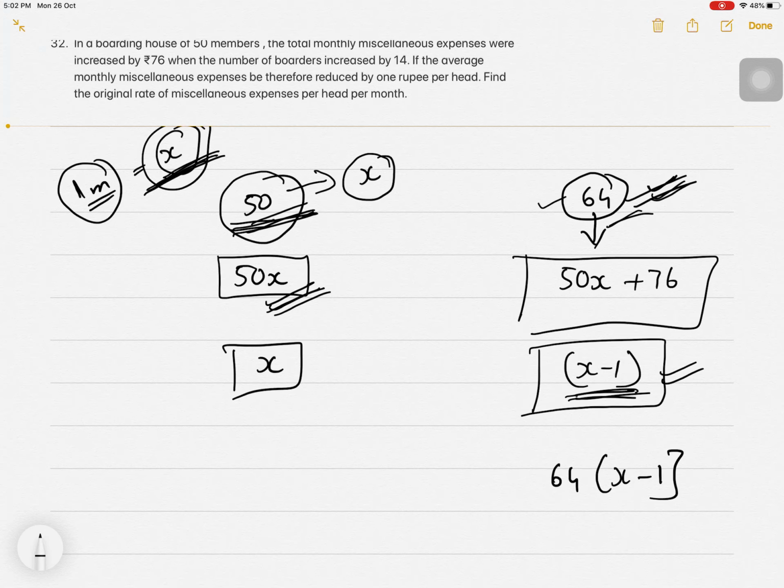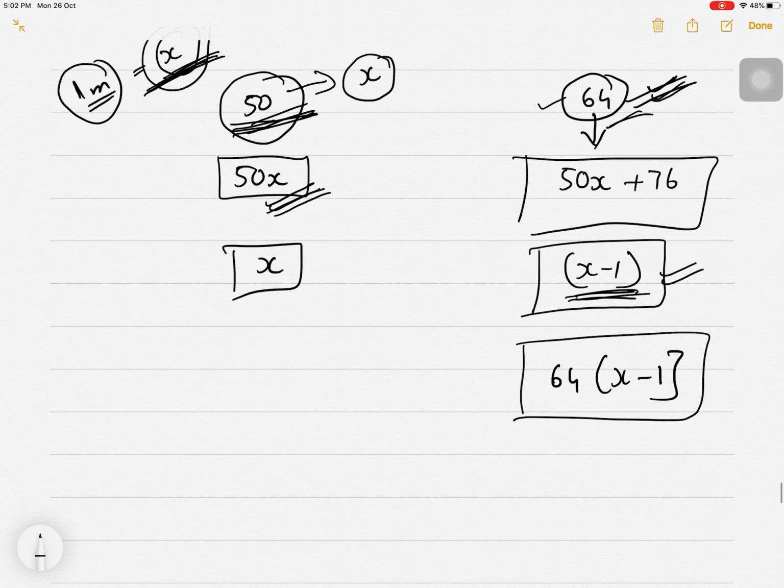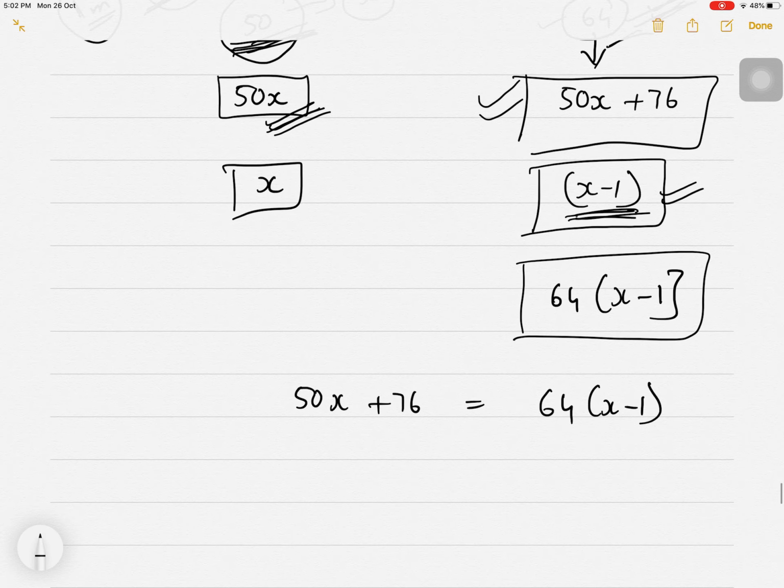That means for 64 members, total expense will be 64 into X minus 1. And they have said total expenses are 50x plus 76 also. That means 50x plus 76 is equal to 64 into x minus 1.